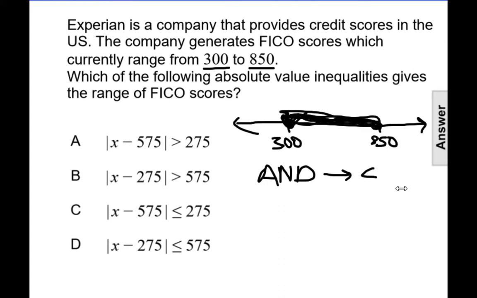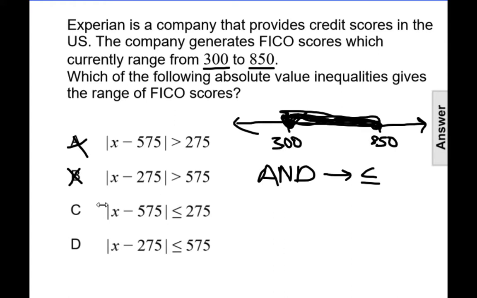That's our little trick. An "and" compound is less than, and since we are including, it would be equal to. So that automatically eliminates choices A and B because the sign in the absolute value inequality is greater than, not less than or equal to, like C and D.